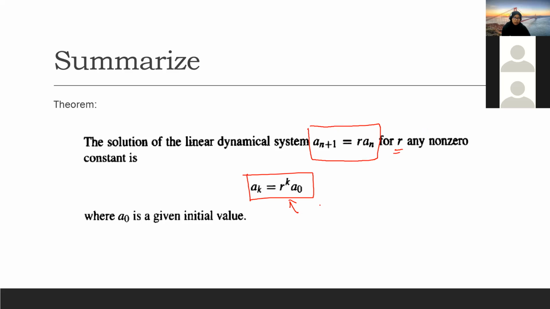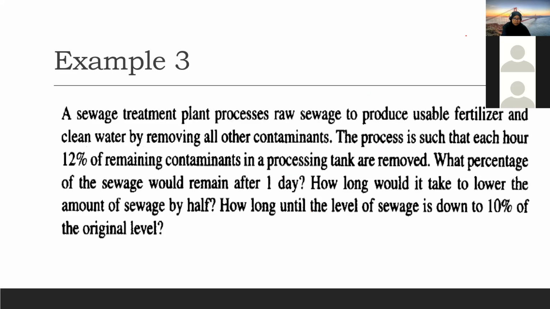So if the future value is increased or decreased by a constant rate, then the solution of this system is going to be A of K equals R to the power of K, an exponential function. Okay, now let's see this one example. So far, any questions so far?